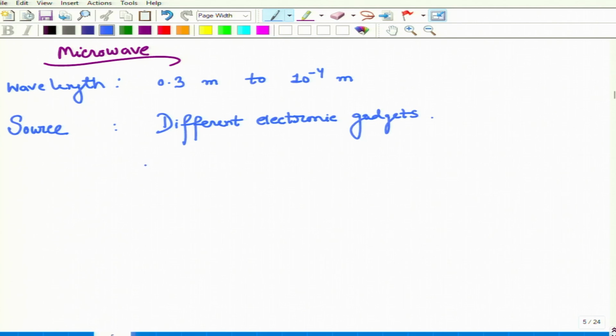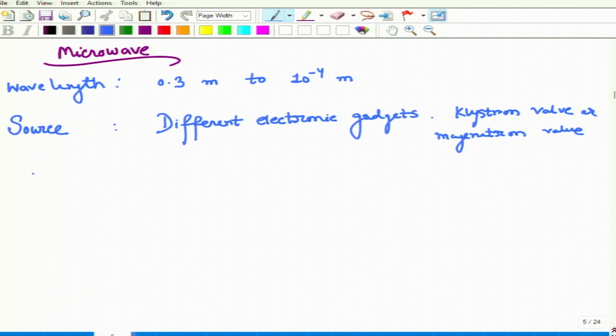Also you can say that in Klystron valve or magnetron valve, from these things also electromagnetic microwave is produced.